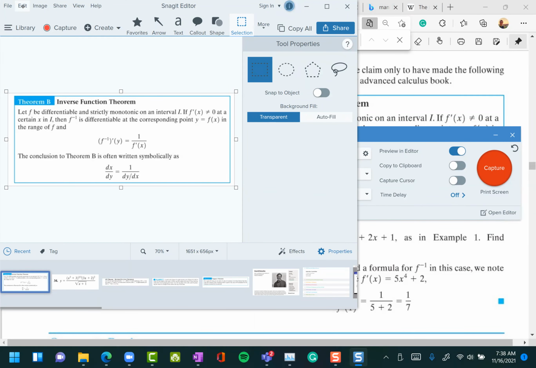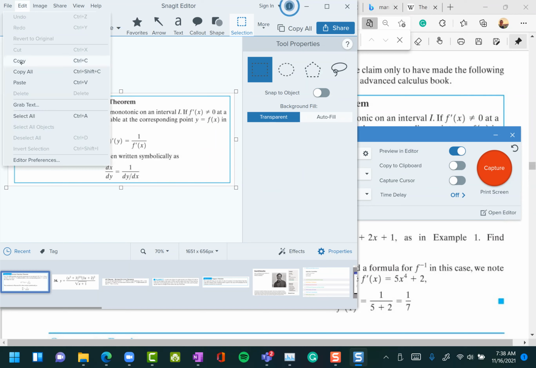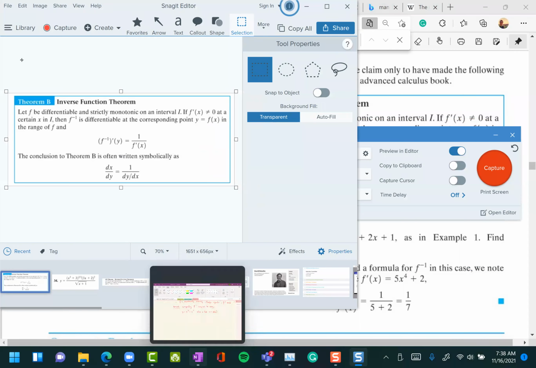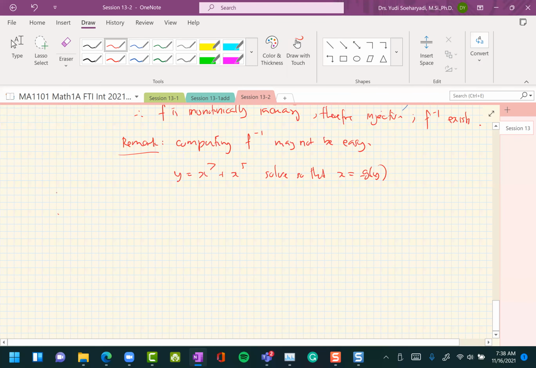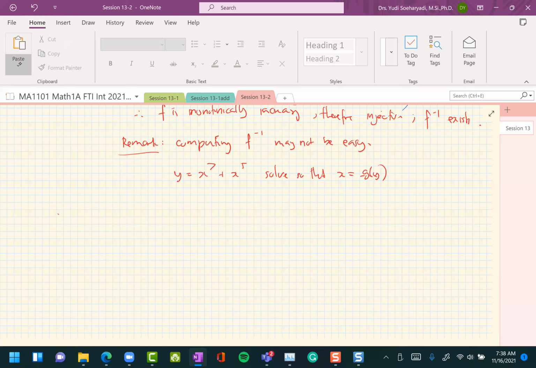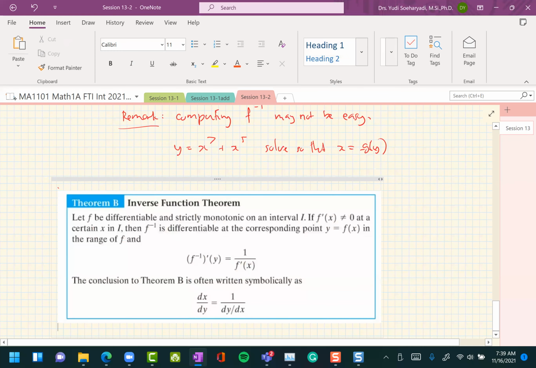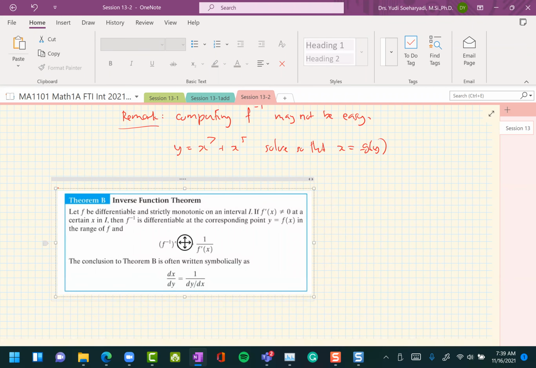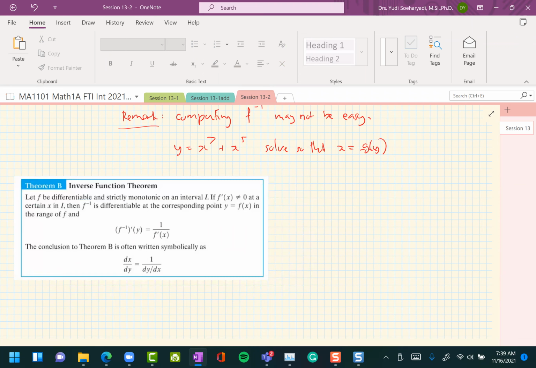That is to say, if an inverse exists, it is differentiable if we start from a differentiable function.